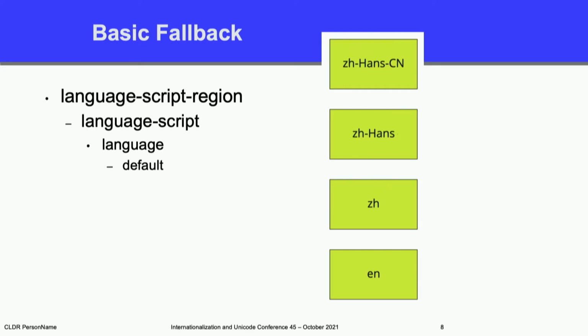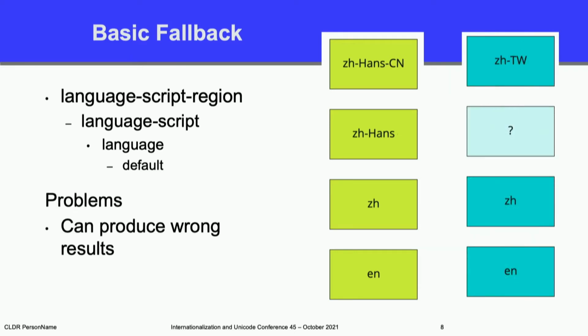But there's some potential problems with that. So for example, let's say I'm given zh-TW. I can't find that. So do I just fall back to zh? Well, zh is simplified Chinese, not traditional Chinese as is spoken in Taiwan.